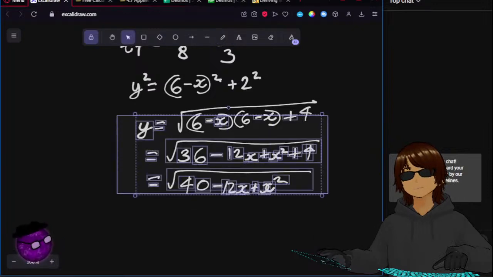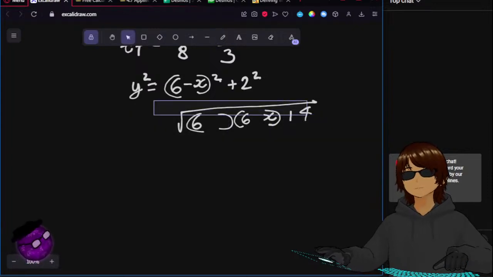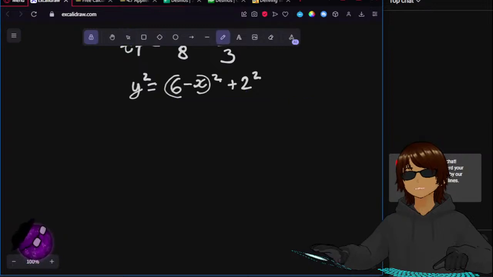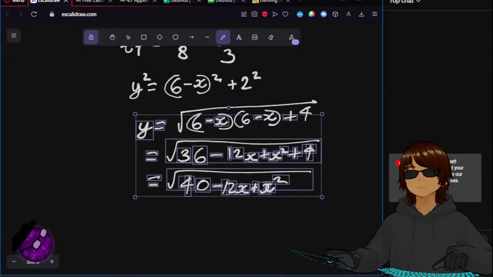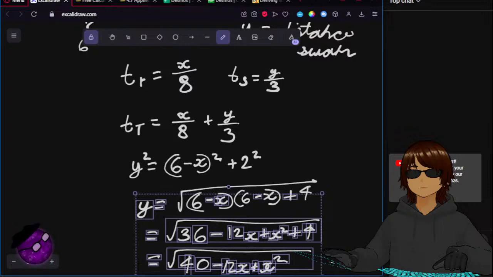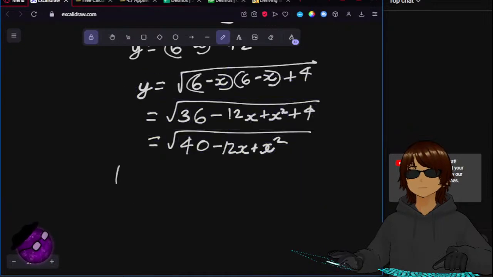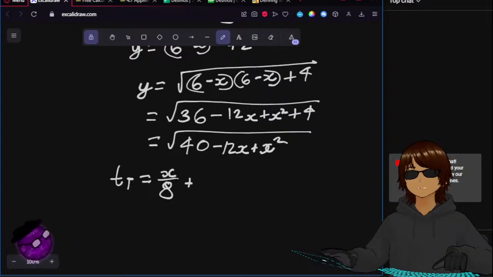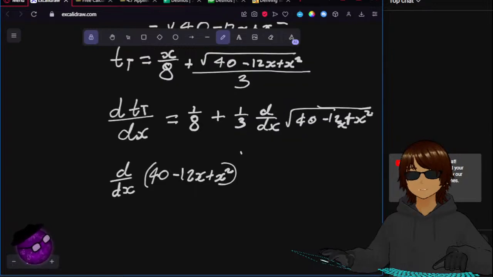I don't need this. I need to write it in terms of x. Yeah, actually that was correct, because I'm going to replace y. So t total is x over 8 plus all this over 3.